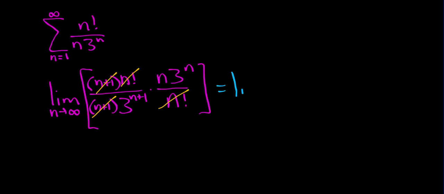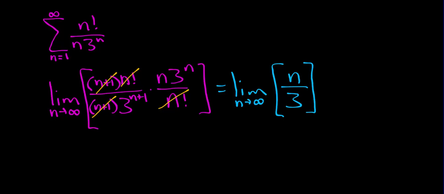We've got the limit as n goes to infinity of, up top, n plus 1, and on the bottom, 3. Well, that goes to infinity, which is bigger than 1. So this series diverges.